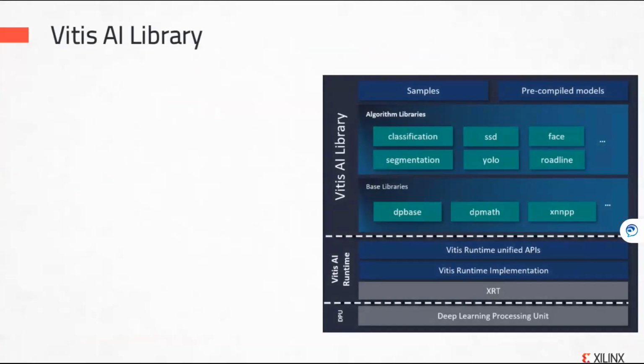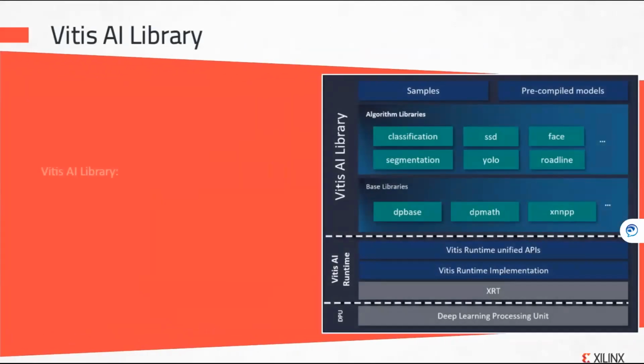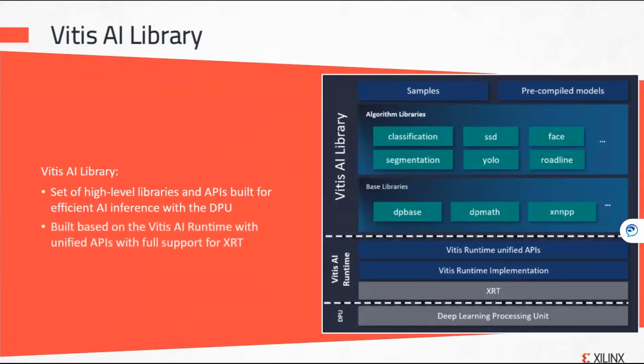Let's examine the benefits of the Vitis AI library. The Vitis AI library is a set of high-level libraries and APIs built for efficient AI inference with the DPU. It is built based on the Vitis AI runtime with unified APIs, and it fully supports XRT.